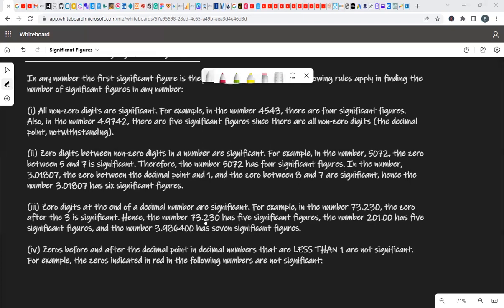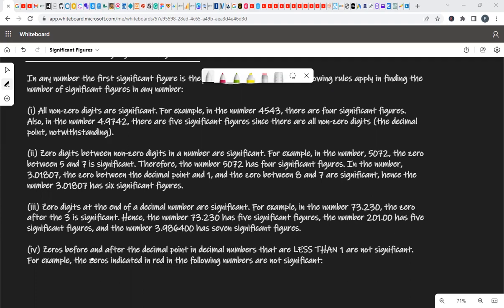Hence, the number 73.230 has 5 significant figures: 1, 2, 3, 4, 5. And the number 201.00 has what? 5 significant figures. And the number 3.986400 has 7 significant figures, because all of these zeros after the decimal point are significant.